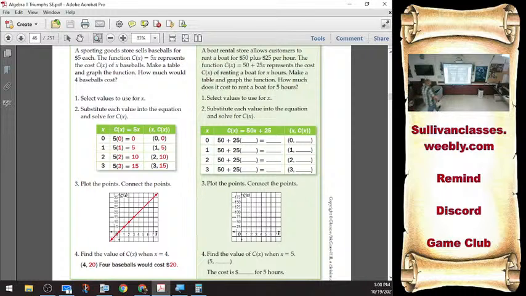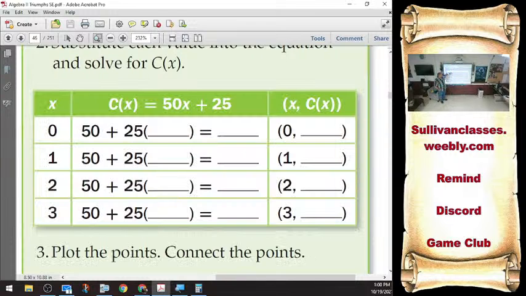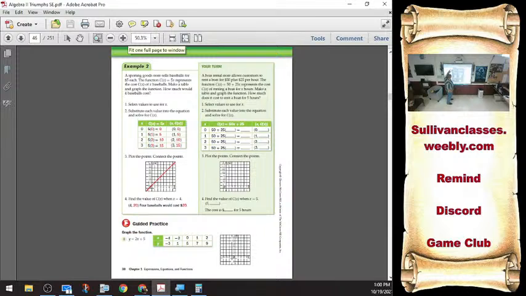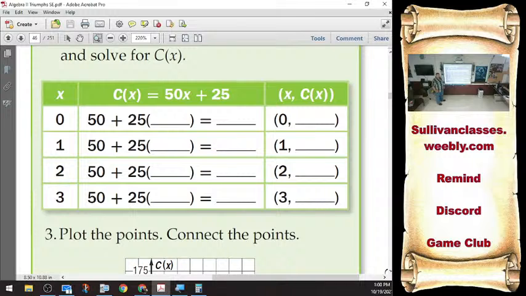So they tell me if you're going to pay $50 and then $25 an hour, that it is that equation, the cost in terms of the hours that you use it. Wait, did they say $25 an hour? Yeah, but look at their equation. They screwed up pretty bad.